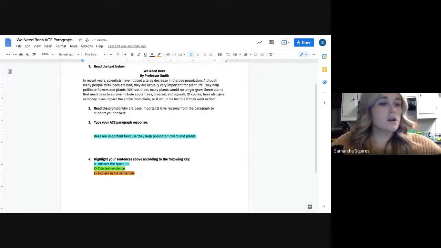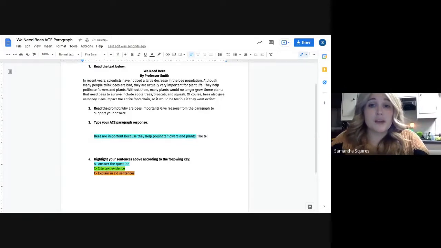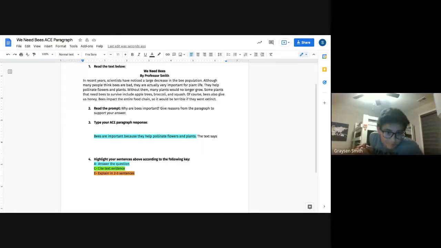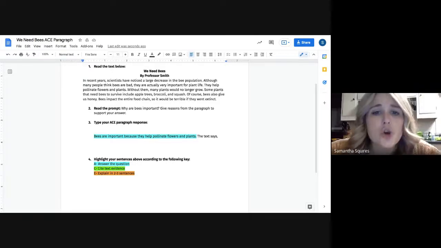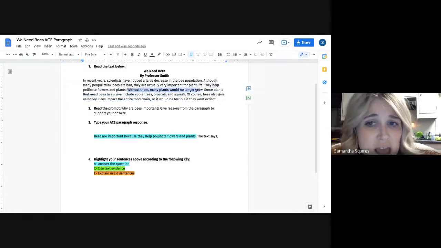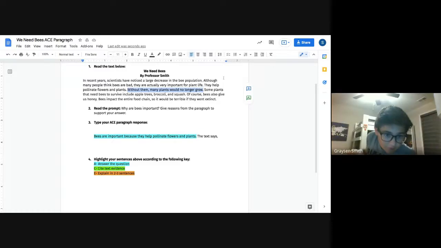So the text says. Okay, I like it. The text says, and we got to put what after that? They pollinate flowers and plants. So we talked about how they pollinate flowers and plants. What could we use, maybe the sentence after that? Without them, many plants would no longer grow.